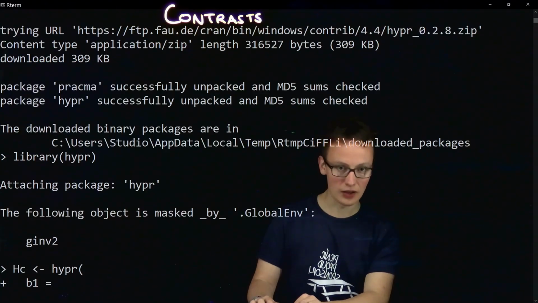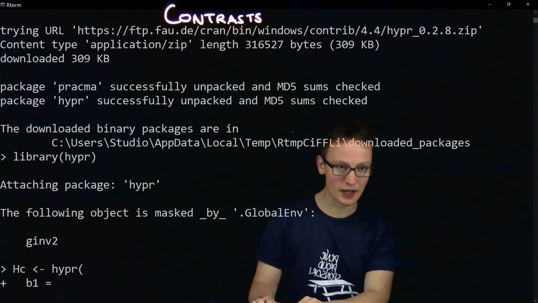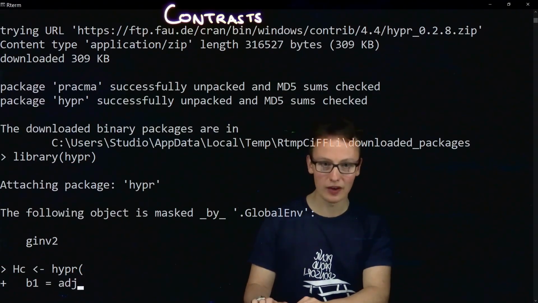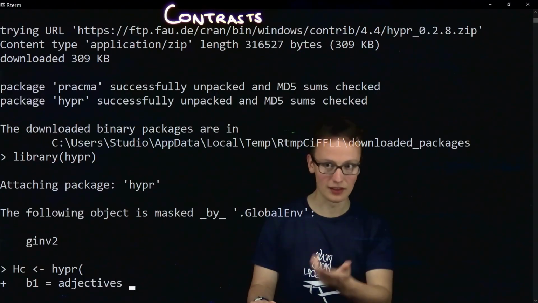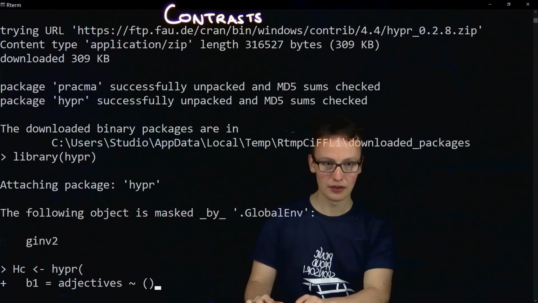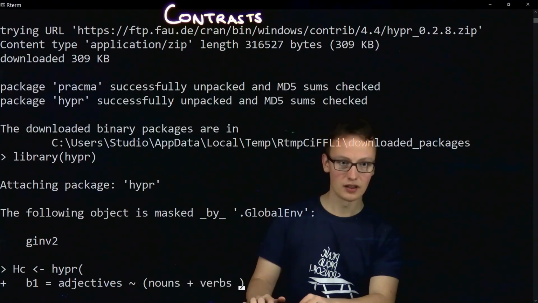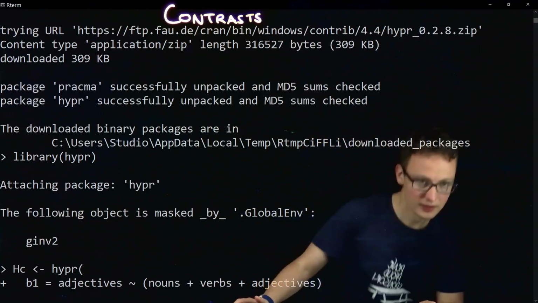And here I will now use the following syntax, this is basically what the package provides. I'm now writing specifically, I want to compare adjectives, the name of the level, against the grand mean, that is against nouns plus verbs plus adjectives divided by 3.